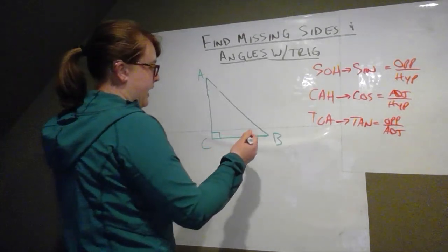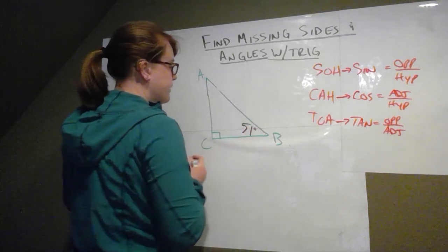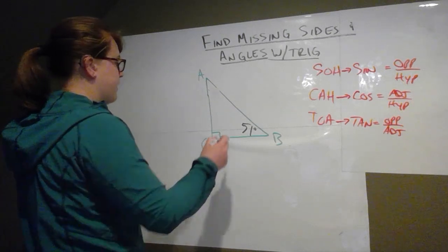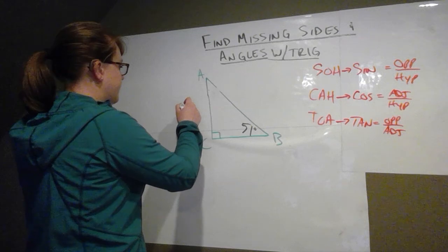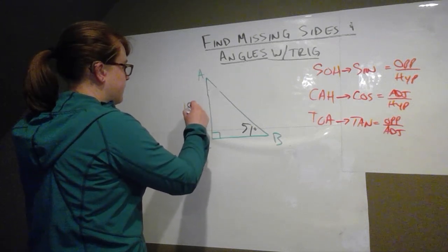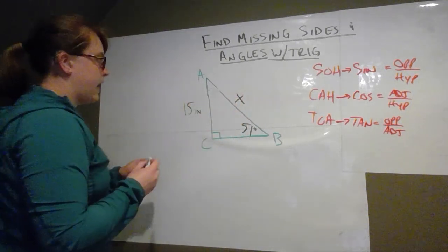This time we're going to say angle B is 51 degrees. And let's say that this side right here, AC, is 15 inches. And we're missing side AB.